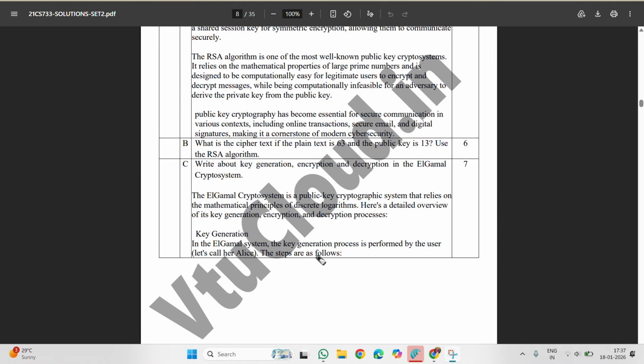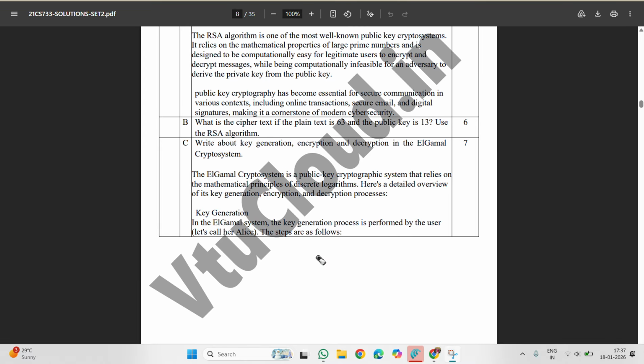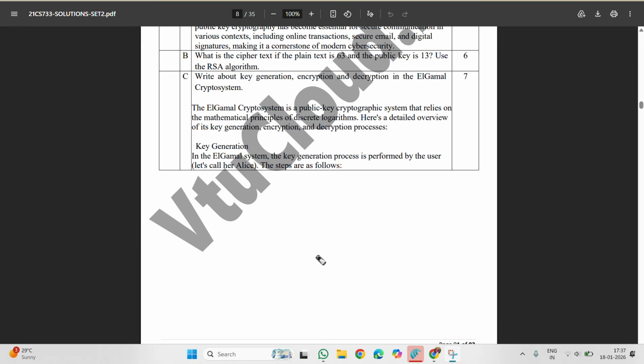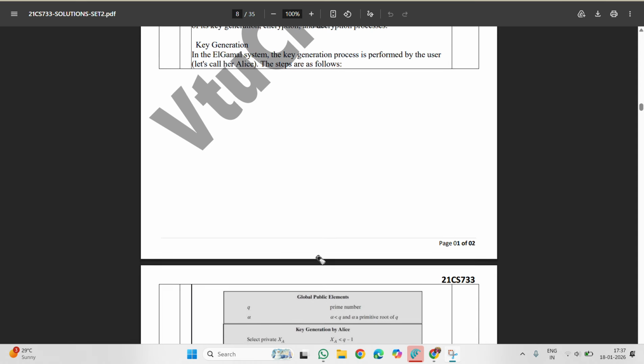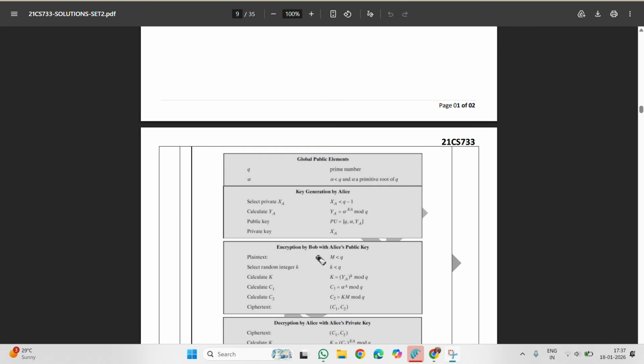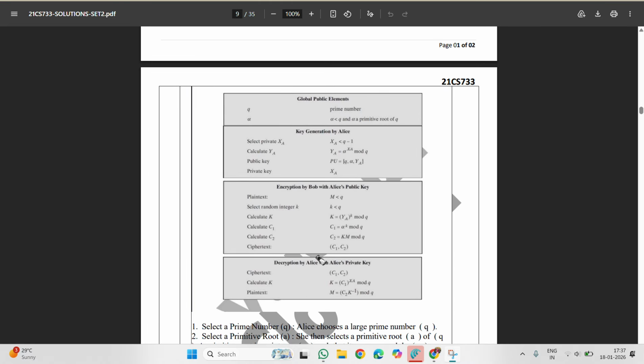Next, coming to question number 3C, write about key generation, encryption and decryption in the Elgamal crypto system. Firstly, write the definition of the Elgamal crypto system and how the key generation happens in this. This is the algorithm of the Elgamal key generation.